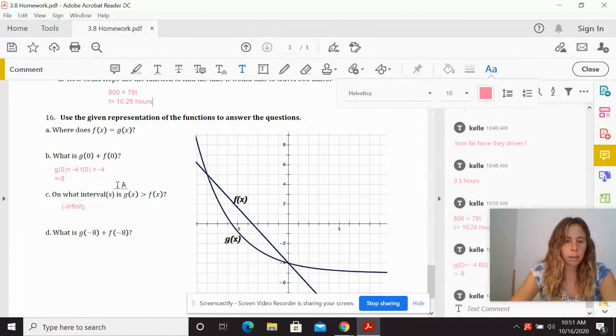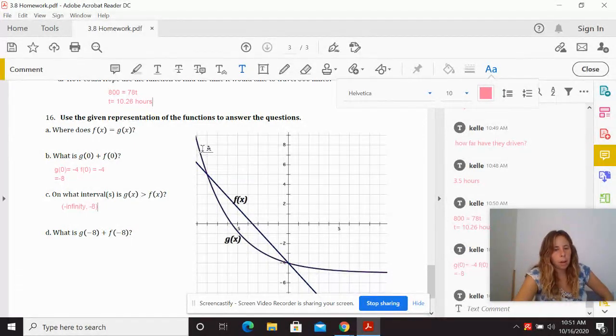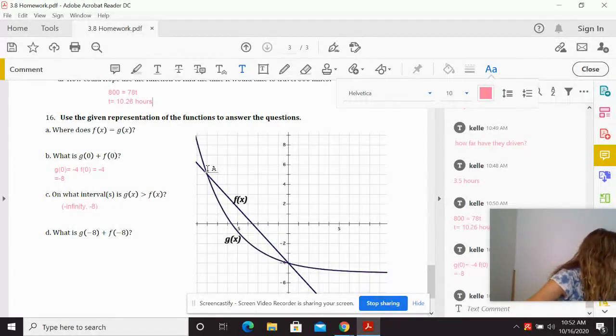-infinity, right? Because they're both extending forever this way. So -infinity to 5. No, sorry, we're looking at x values. To -7. No, -8. Let's see. So g of x is greater from -infinity all the way to whenever x equals, is it -8? Yeah, to -8. And then it's lower.